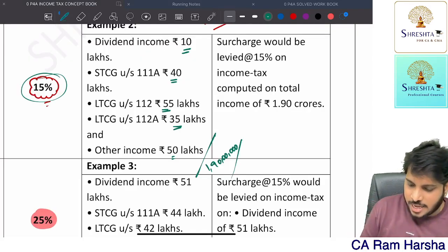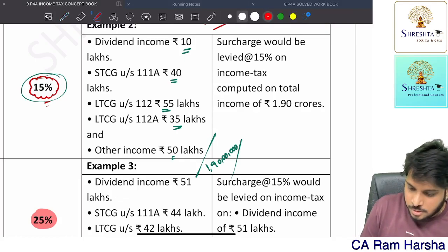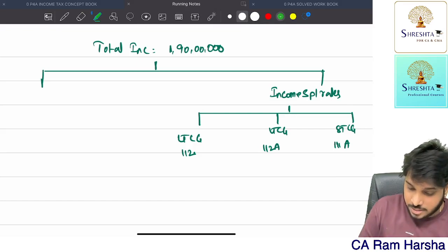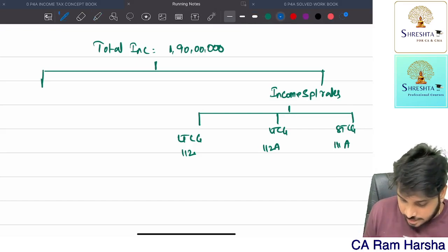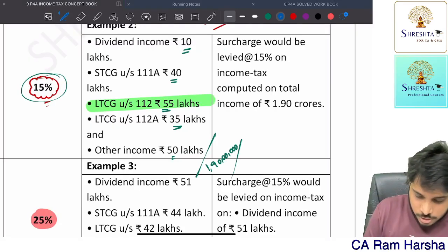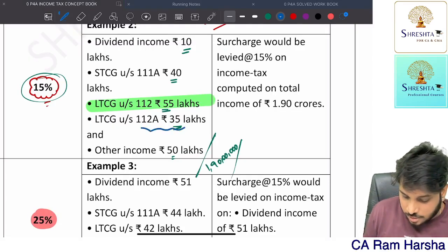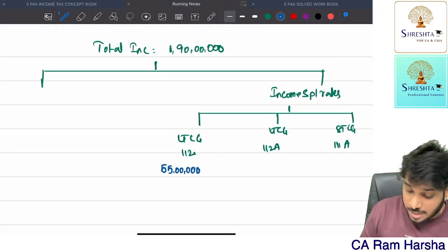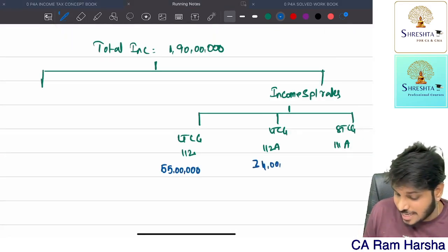Now I will take this information. Long-term capital gain under 112 is 55 lakhs. Long-term capital gain under 112A is 35, but I will consider only 34 lakhs because 1 lakh is exempted.